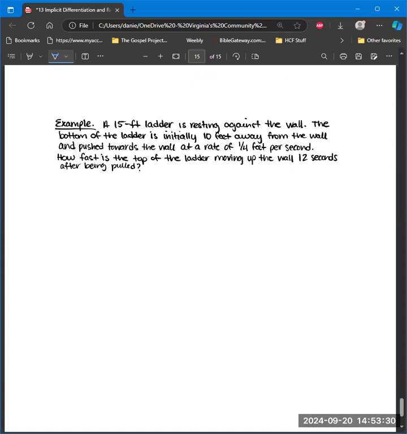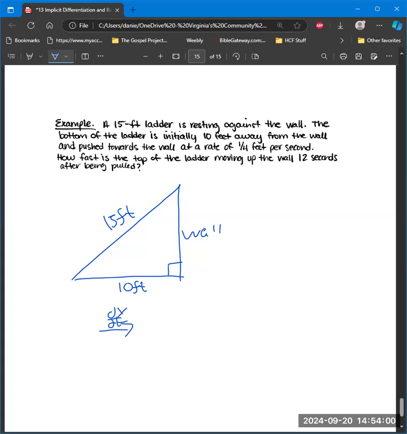Now let's do an example with geometry here. A 15-foot ladder is resting against a wall. The bottom of the ladder is initially 10 feet away from the wall, and is pushed towards the wall with a rate of 1/4 foot per second.